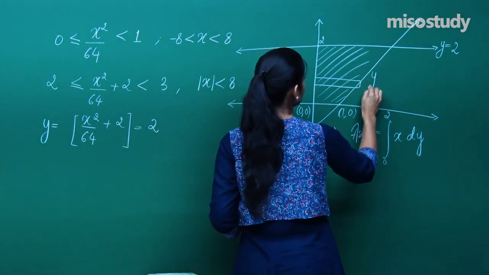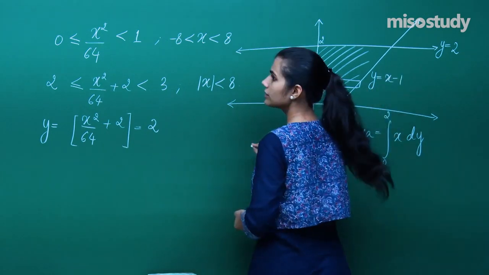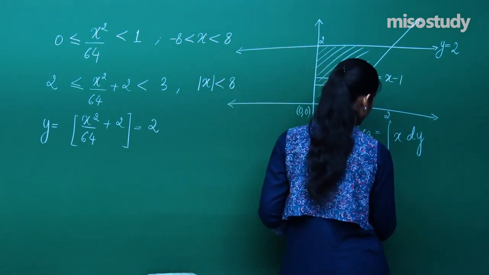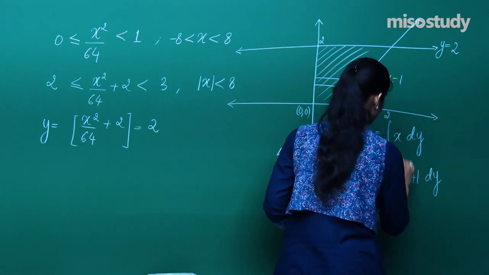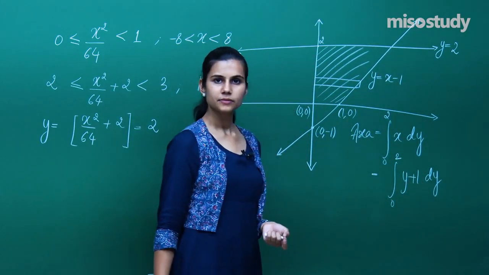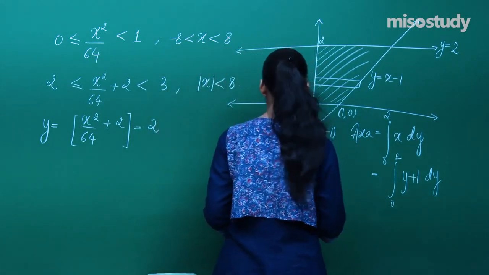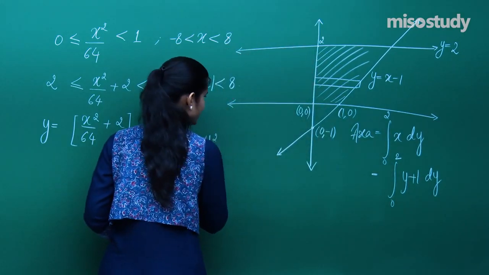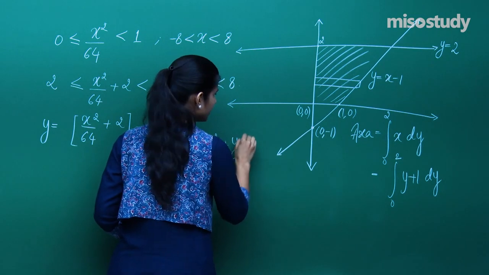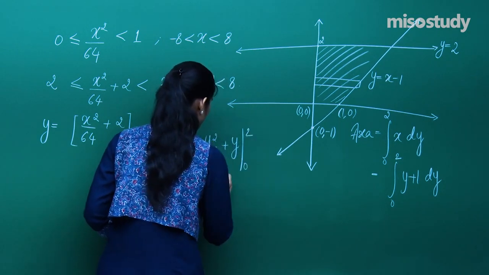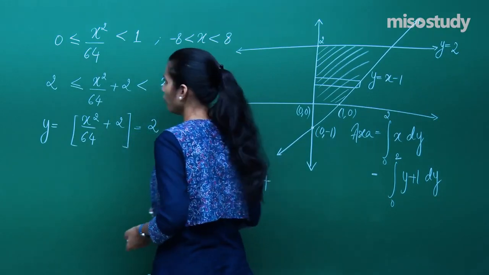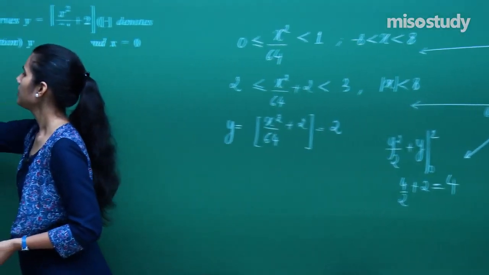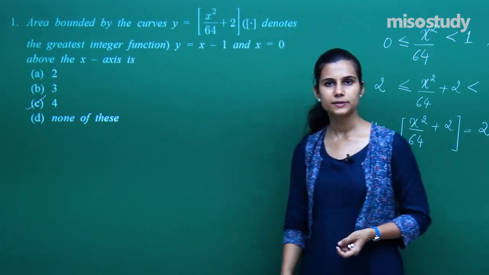This is y equals x minus 1 and therefore x is y plus 1 from 0 to 2. Clear? This becomes y square by 2 plus y from 0 to 2. So you get 4 by 2 plus 2 which is 4 and that is what is your answer. That is 4 square units.